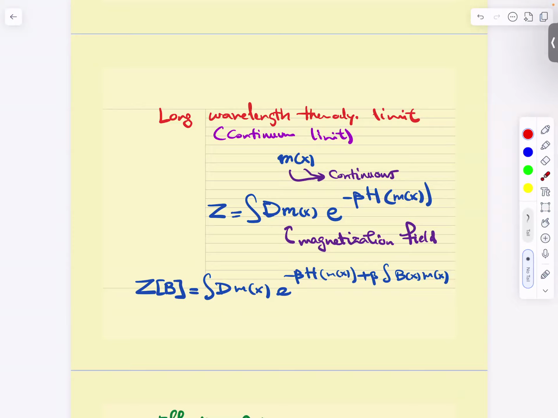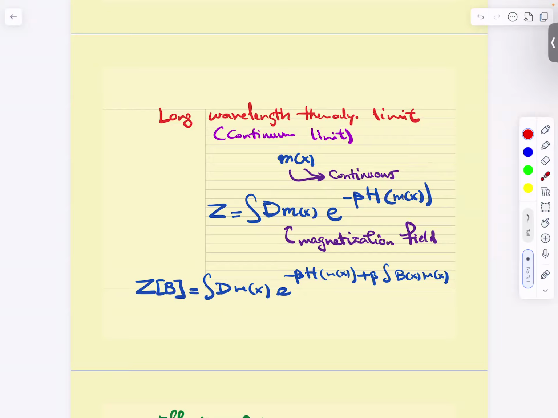Because the Hamiltonian responds to quick nearest neighbor changes, right? That's what the Hamiltonian responds to. So this is the essence of the continuum limit. In the continuum limit, you end up with a path integral over the so-called magnetization field. Magnetization is the average coarse-grained variable, right? It's now a functional integral of e to the minus beta H of m of x.